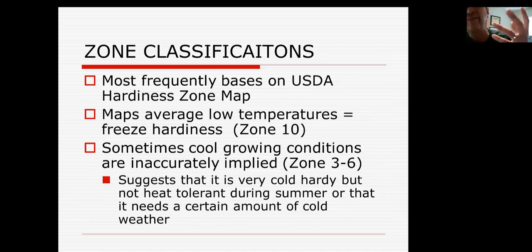And so we've kind of taken that general image and we've used it, and we say, oh, this plant can grow in zone 3 to 5 or 3 to 6. And what it's saying is that it's very cold hardy. It can go up to zone 3, and it's implying that it doesn't like really hot summers. But really, you shouldn't say a plant is zone 3 to 6.